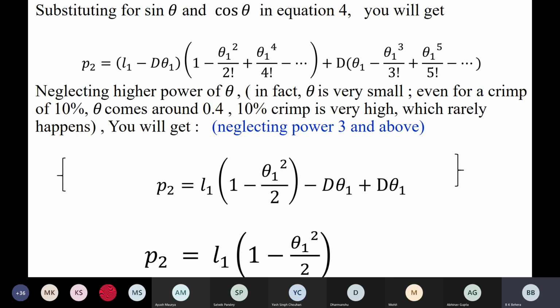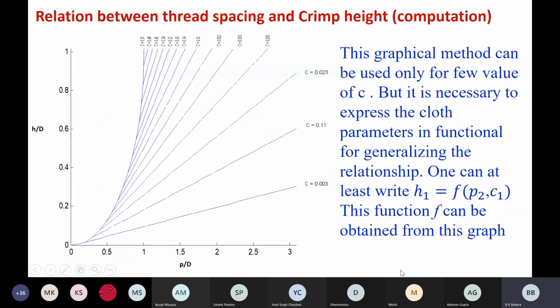In fact, theta is very small, as I said. Even for a crimp of 10%, theta comes to be only 0.4. And 10% is a very, very high crimp. I told you last class the value of theta, the value of crimp, even you can see in this diagram, I have already shown you. See, 0.003. So it can be as low as this.